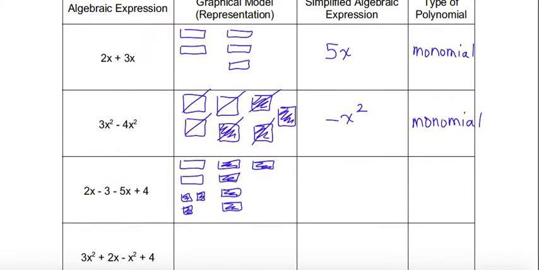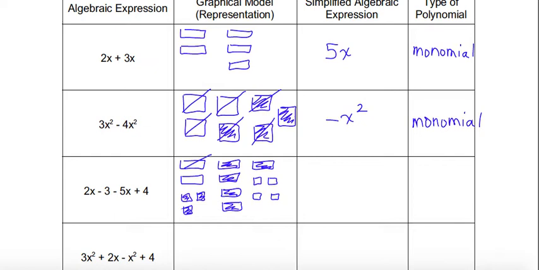And I'm drawing 4 small squares to represent my positive 4. So again, I want to eliminate any of the shapes that are the same size, but one positive and one negative.